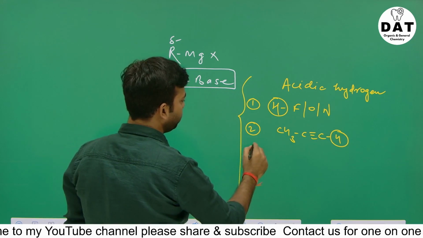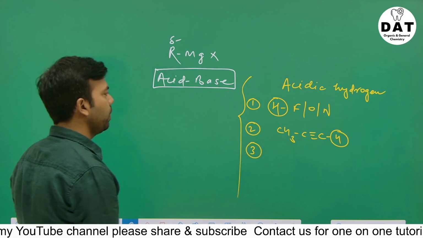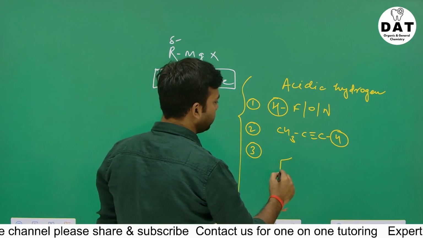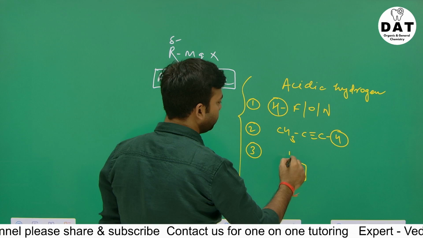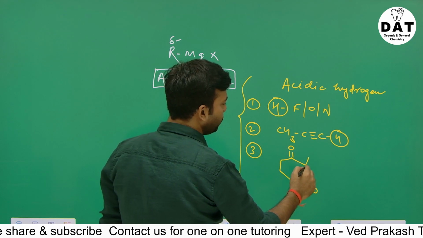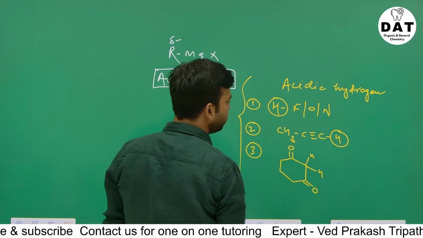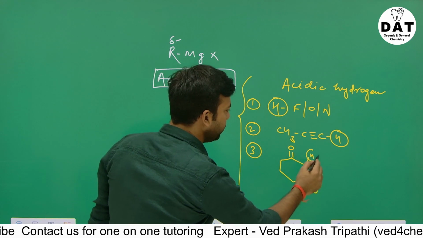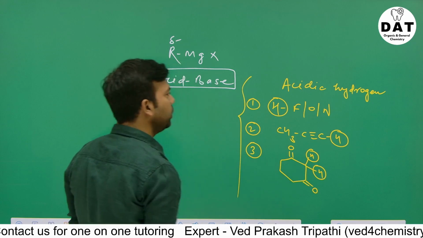Third one, if you have active methylene like this, suppose this is withdrawing, this is withdrawing, and these 2 hydrogen are acidic. Clear? So these 2 are withdrawing, one ketone, and this hydrogen is acidic. What is acidic?